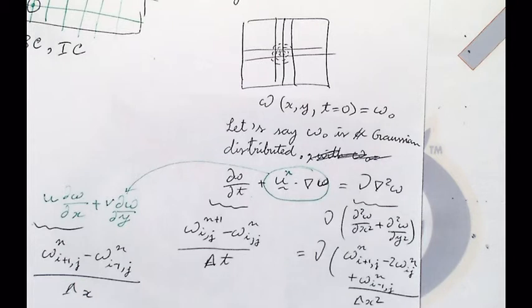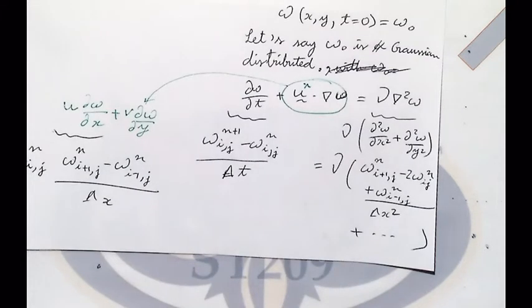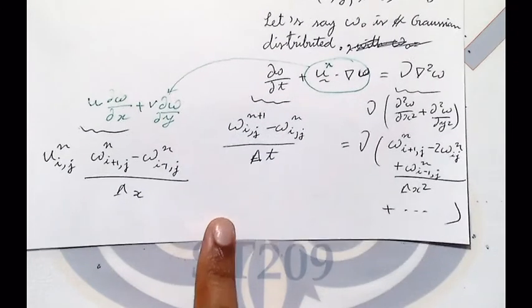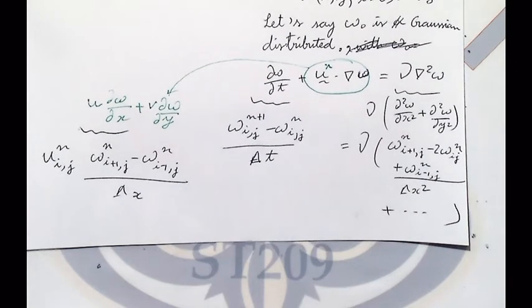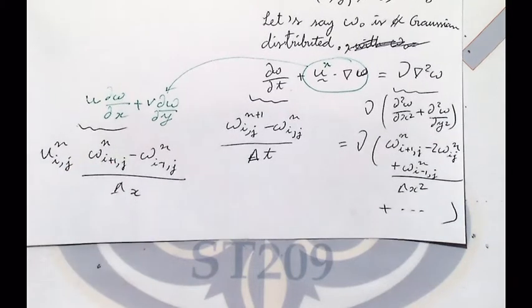So if you remember, I was telling you there's no free lunch, right? The Poisson's equation for pressure went away. But now we will actually need to recover u from omega by solving another Poisson's equation. Okay?